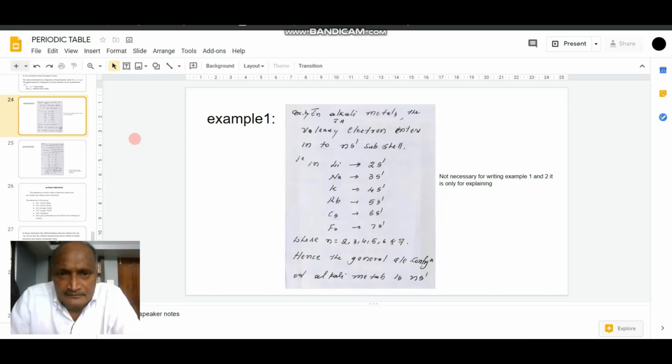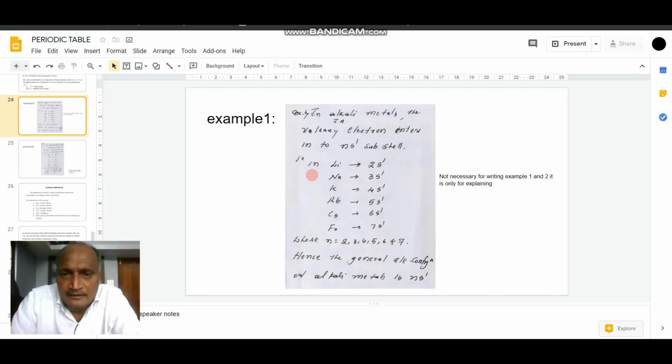For example, as shown in example number 1, in alkali metals the valency electron enters into the ns subshell as ns1. Let us see some of the examples.